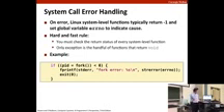Linux system level functions will typically return -1 if there's an error, and then they'll set a global variable called errno to indicate the reason. So there's a hard and fast rule when you're invoking system level functions: you must check the return values from those functions.